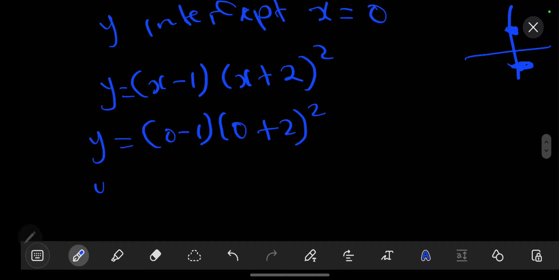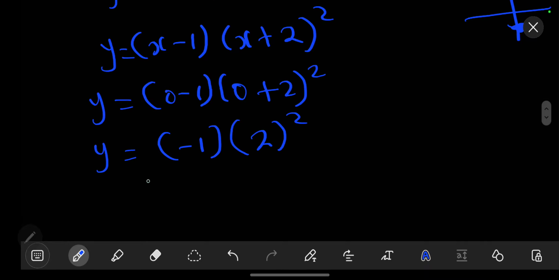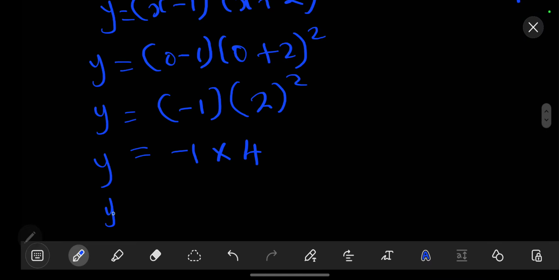So y is equal to negative 1 times 2 squared, and 2 squared is 4. So our y value at that point is equal to negative 4.